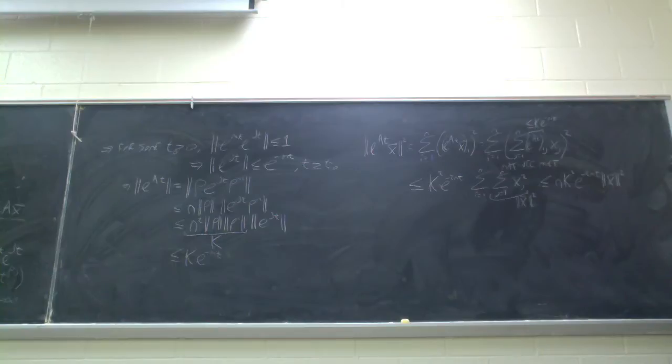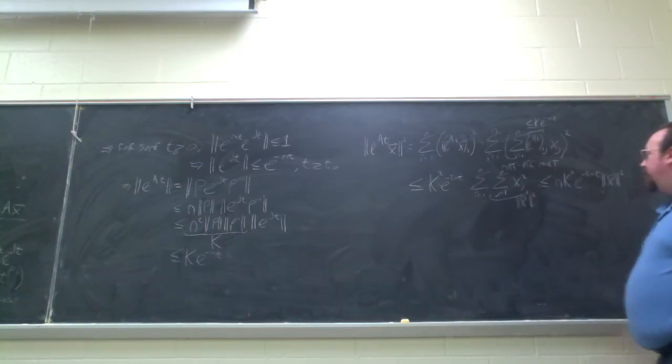Won't you get n squared because there are two sums? Well, the thing is, one of the sums just gives me the norm of x.